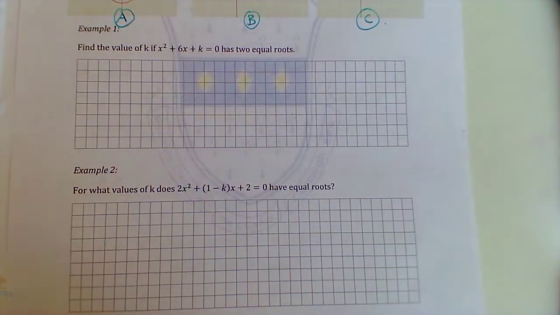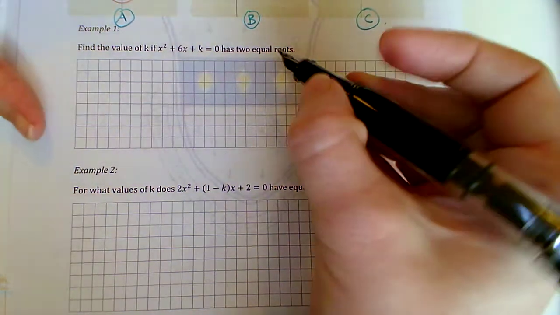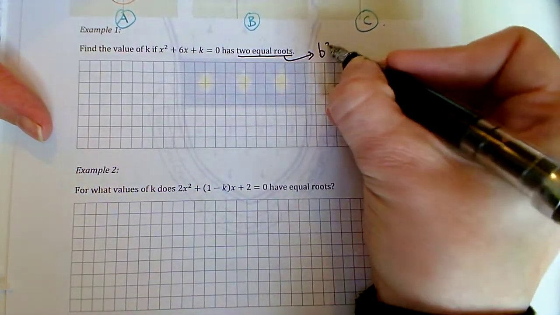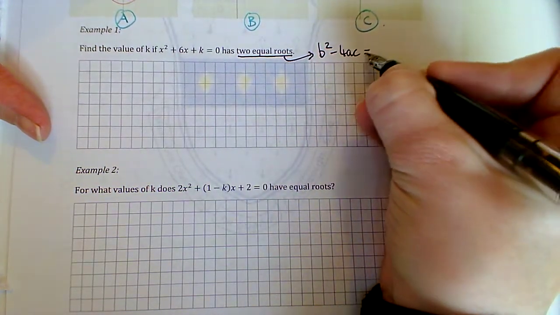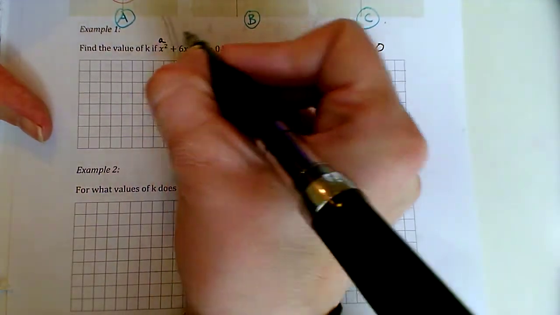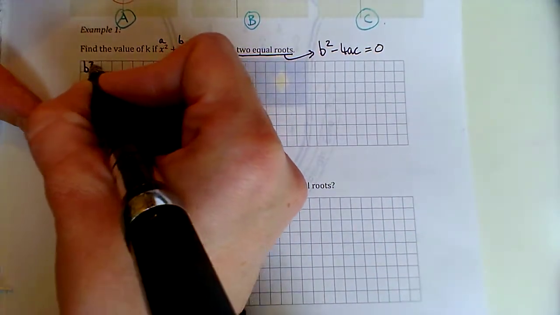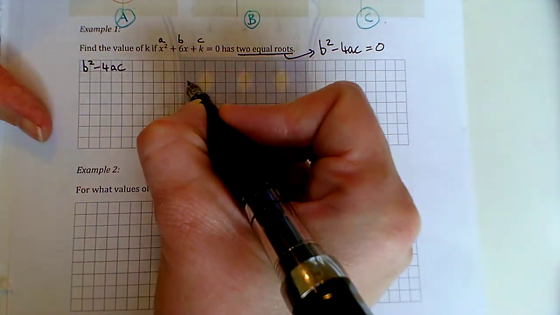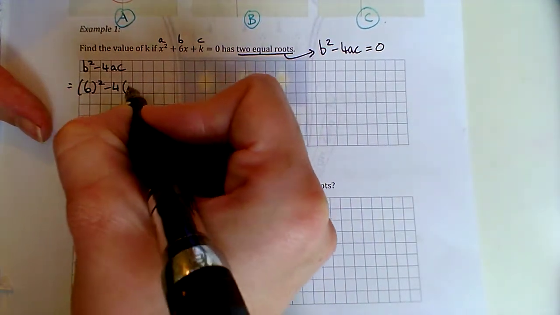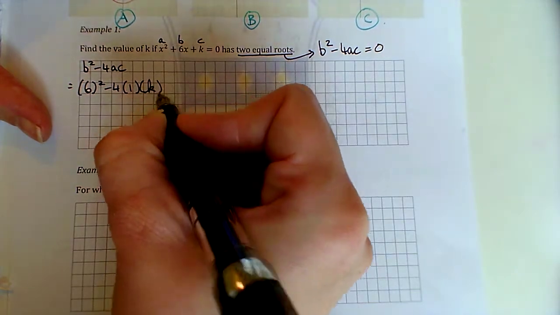Here's how we often get asked about this. We're given a quadratic equation here, and we're told that it has equal roots. If it has 2 equal roots, this is like our keyword, that means that b squared minus 4ac is equal to 0. So the first thing we do is write down b squared minus 4ac, which is going to be 6 squared minus 4 by 1 by k in this case.